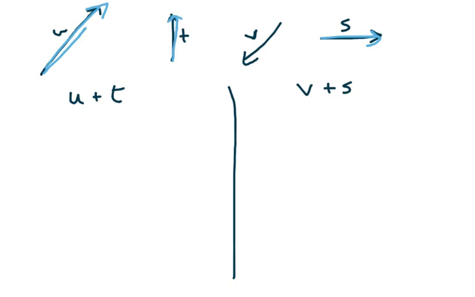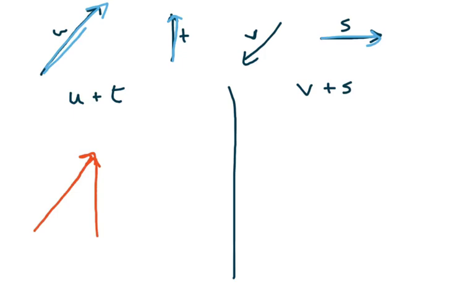U plus T. Basically, I draw my U first. Then I draw my T, which goes straight up. Wait, I did this wrong. Let me do this again.